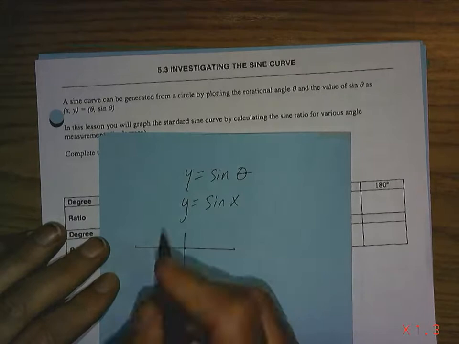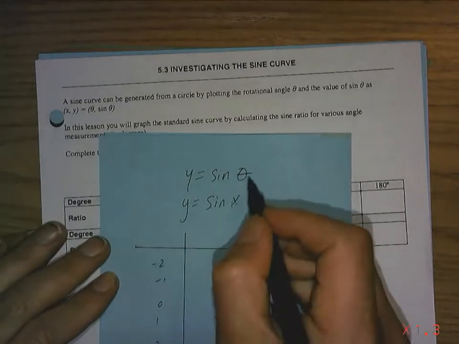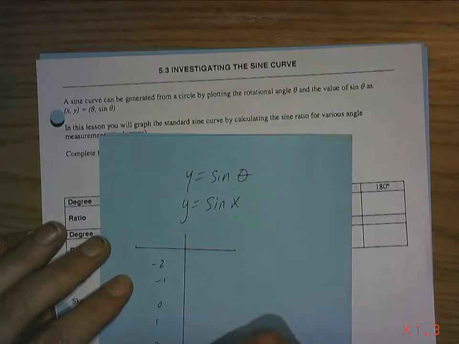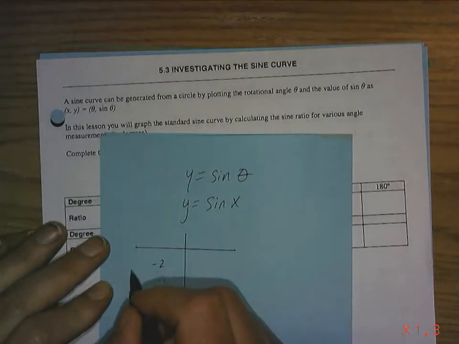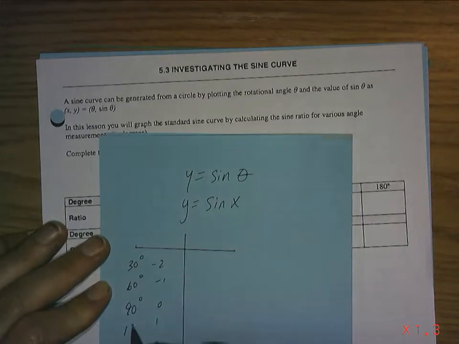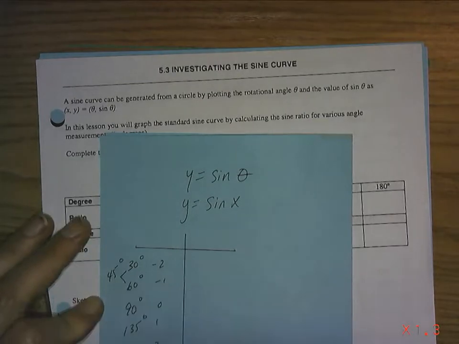Now, I'm not going to use negative 2, negative 1, 0, 1, and 2, because when I'm dealing with theta, I usually don't talk about negative 2 degrees or negative 1 degrees. My degrees are usually much larger than this. So we're probably going to be talking things like 30 degrees, and 60 degrees, and 90 degrees, and 135 degrees, or maybe in between I could do 45 degrees.